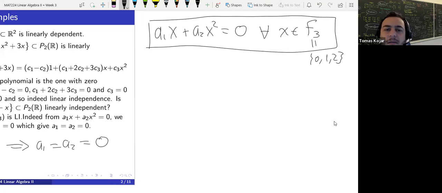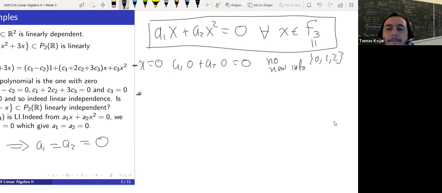So let's do that. For x equals 0, you get what? You get a1 times 0 plus a2 times 0 equal to 0. So there's no new information in this case. What about x equal 1? Well, you get a1 times 1 plus a2 times 1 equal to 0. Okay, that's good. So we got an interesting relation from here.